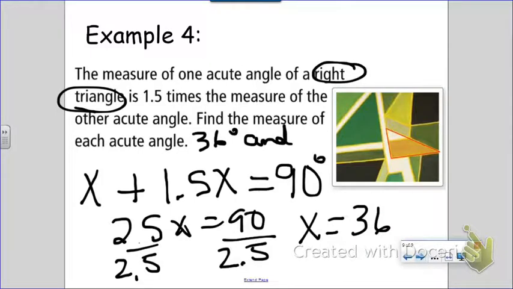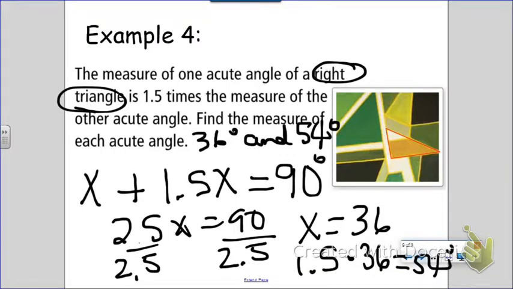The second one is 36 times 1.5, so 54 degrees. And that's our measure. That's all for our lesson for today.